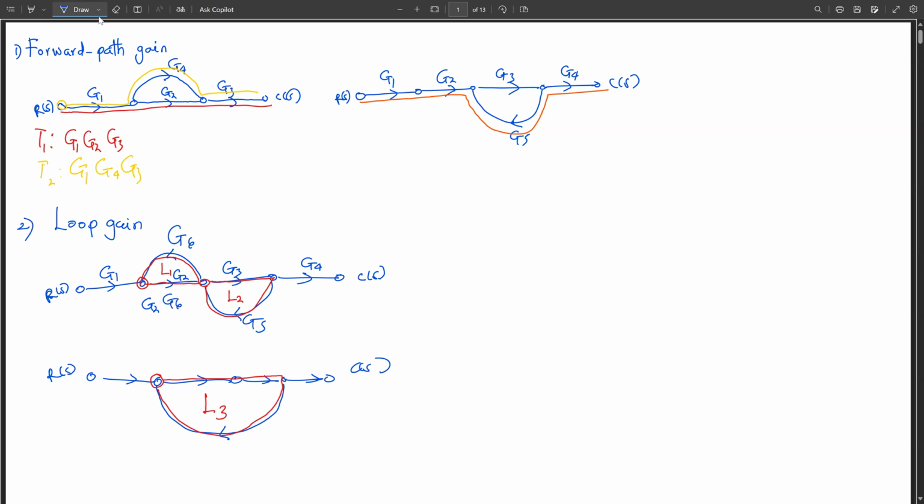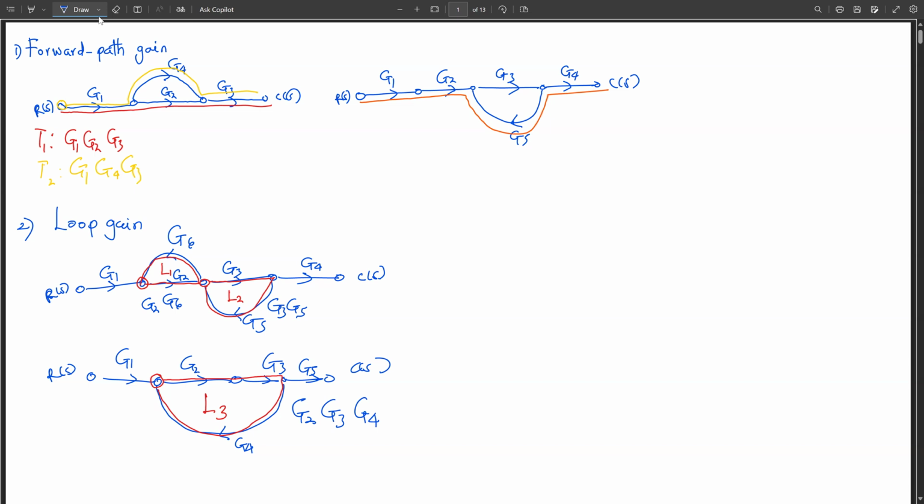The loop gain for this loop is going to be G3, G5. Likewise, if the gains on these branches are G1, G2, G3, G4, and G5, the loop gain for this particular loop is just going to be the product of G2, G3, and G4, right?